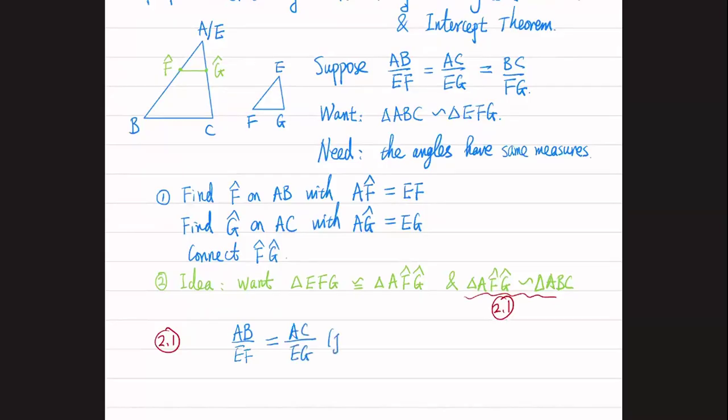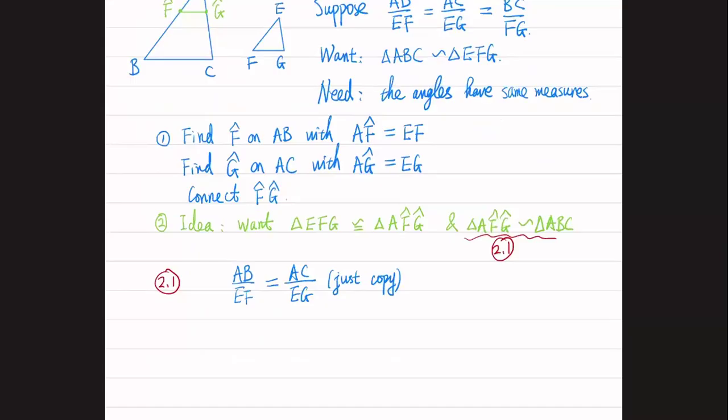I just copied. Then by our construction, EF can be replaced by AF, and EG can be replaced by AG. In particular, these two ratios are the same.